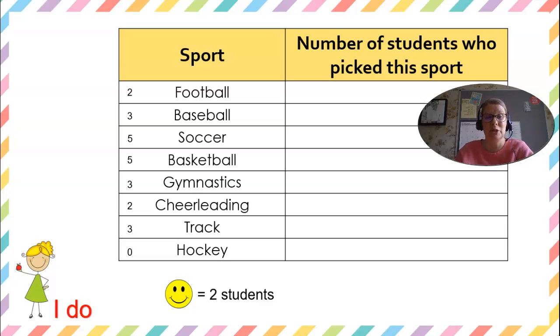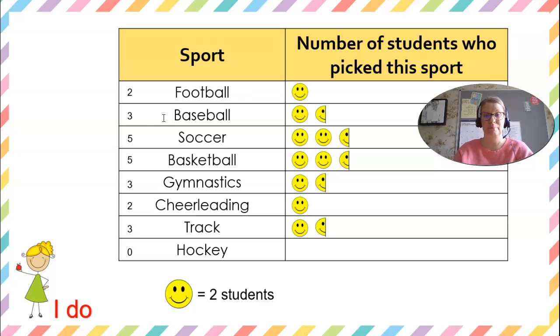All right, friends, I'm going to show you what mine looks like. Are you ready? Okay, look at that. So we know that the smiley face equals 2 students. So I have a full smiley face for football because 2 people picked it. Baseball, I needed to make a 3, so I have 1 whole and then 1/2.